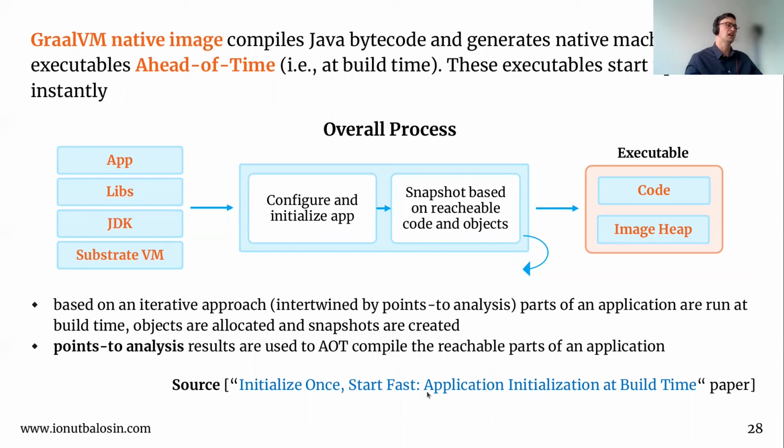The main idea of how this compilation works is that, during the build, the application is configured and initialized, and it tries to reach all the possible paths that you can reach via the code. This is a phase where all the entry points are discovered and reached until you get to a point from which you cannot discover anymore.